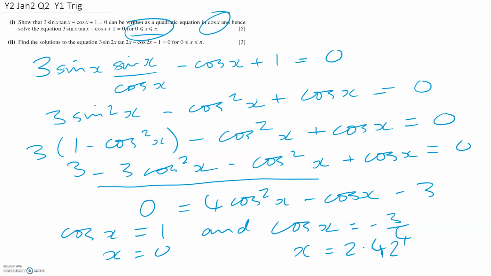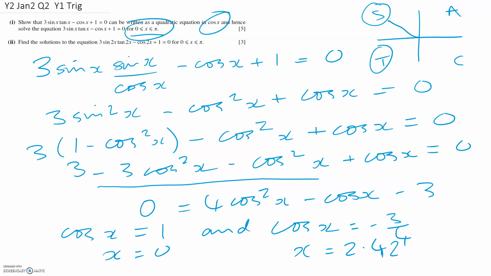If we think about the CAST diagram, cos is negative here and here, and 2.42 radians would be over here.